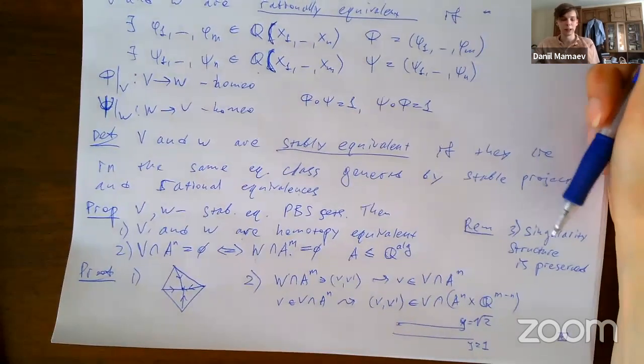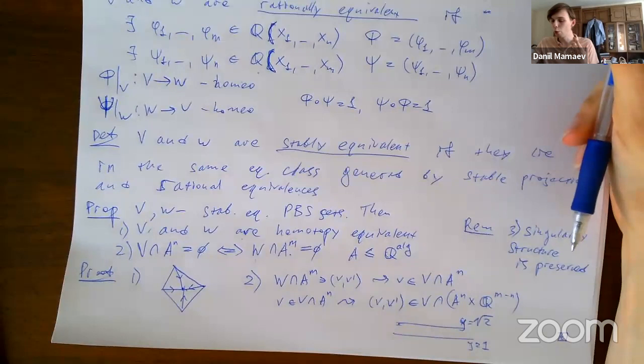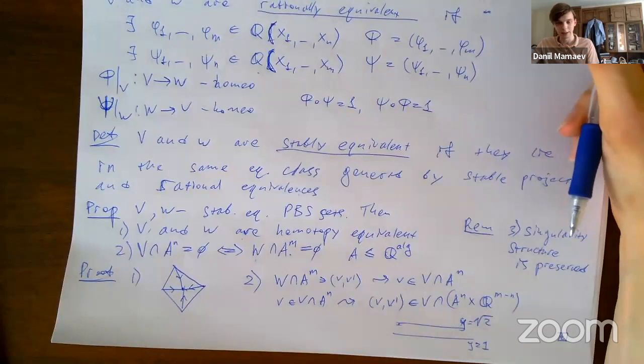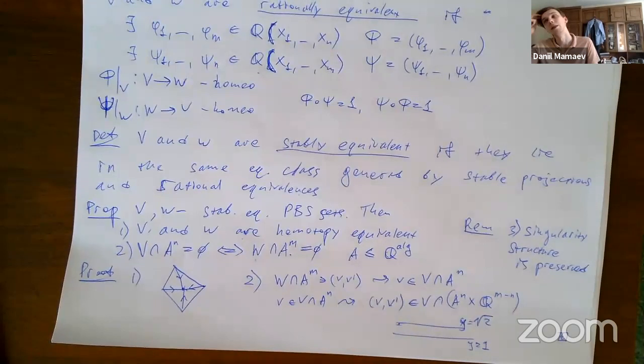But the thing is that we don't actually get any sets with irrational. Wait a second.